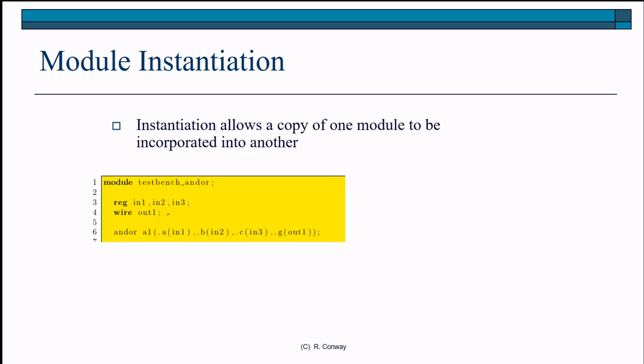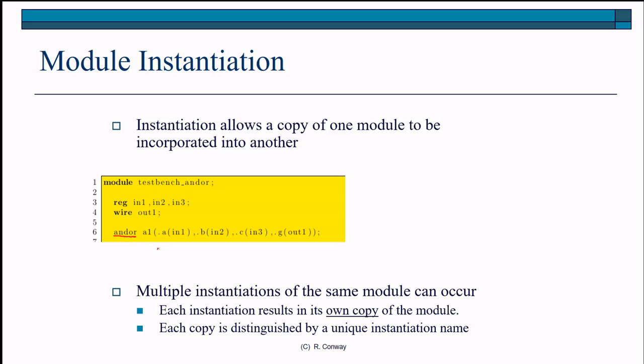So in our example, the module and/or is instantiated in our test bench module, which effectively means that we're inserting a copy of the and/or module into the test bench. What we mean by a copy will become clear when we go through an example simulation run.